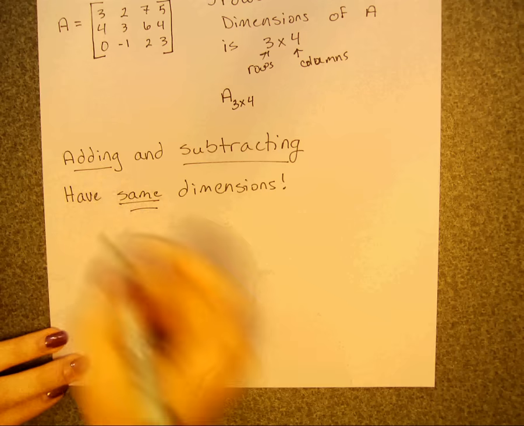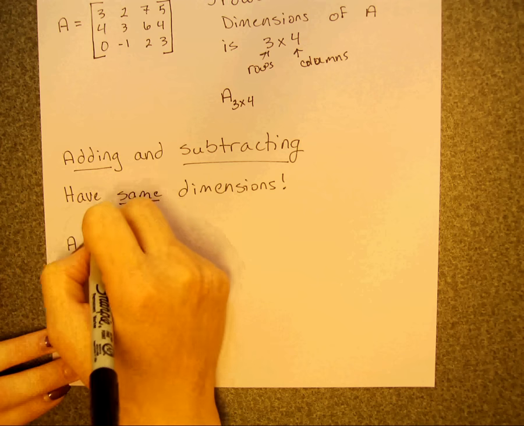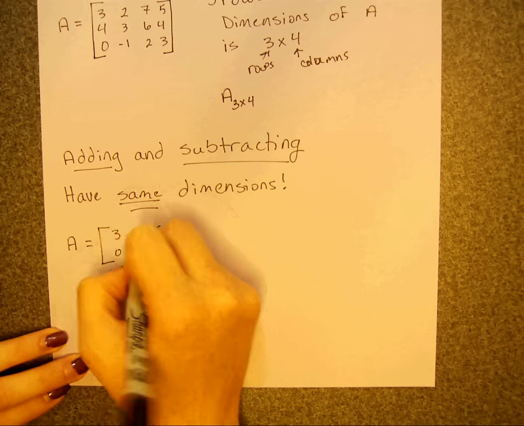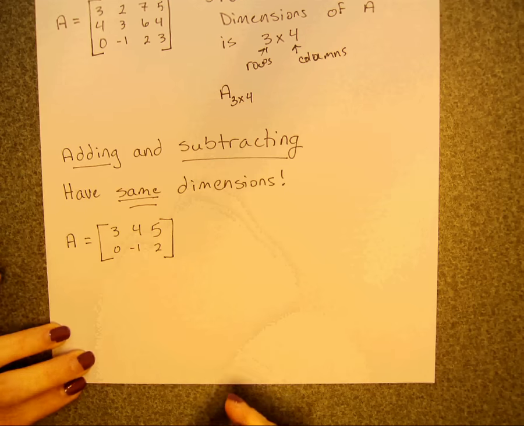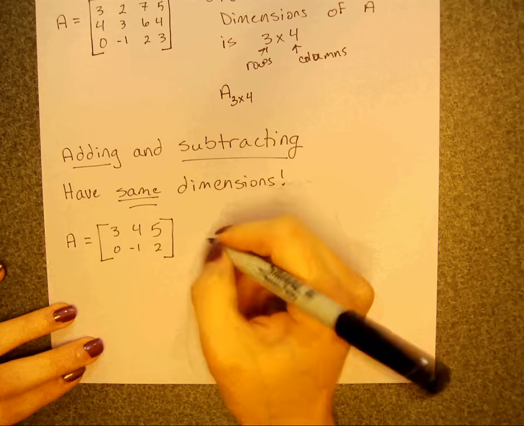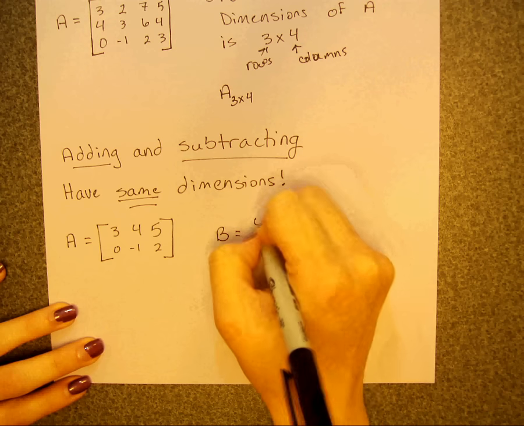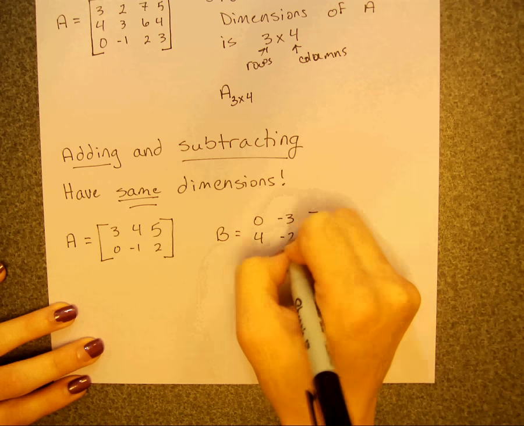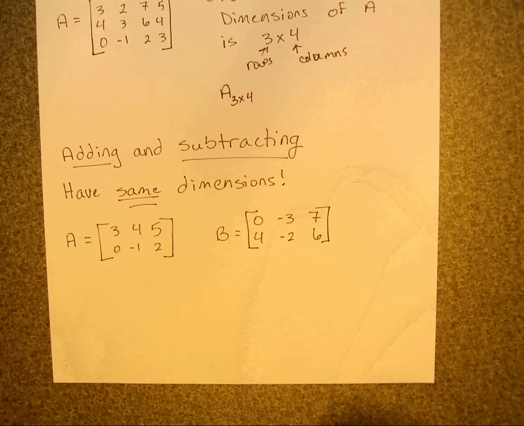So let's say A is this matrix, 3, 4, 5, 0, negative 1, 2, and B is the matrix 0, negative 3, 7, 4, negative 2, 6.